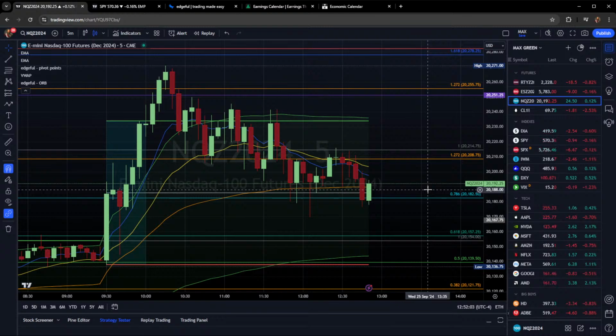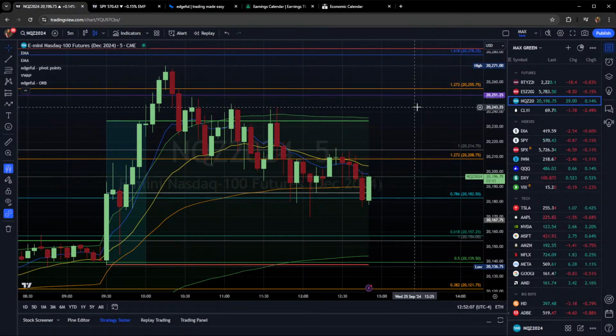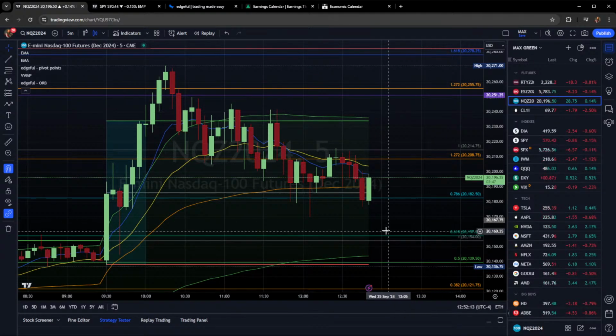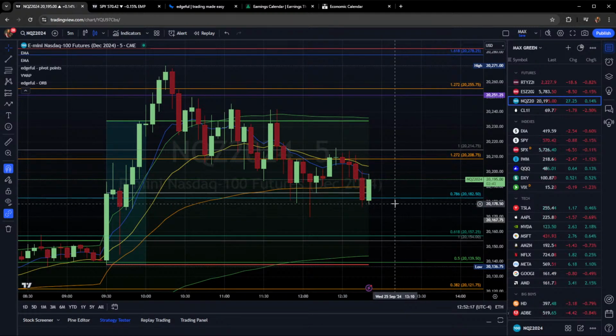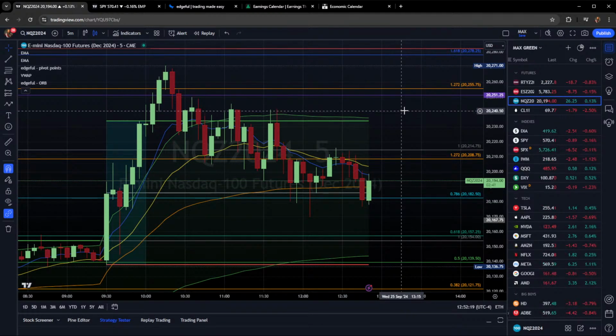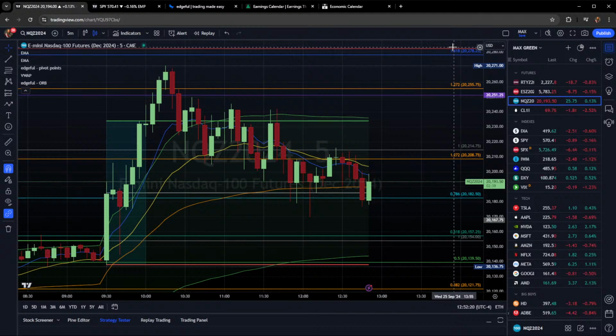There's some liquidity they put back up on NQ above us in this area right here, which could be where they just want to short again, or if they're getting long here, that's their target, or they're saying if this breaks structure, get long here and take it here. I don't know.